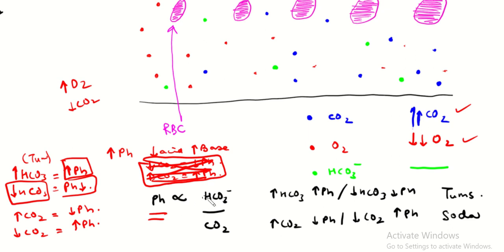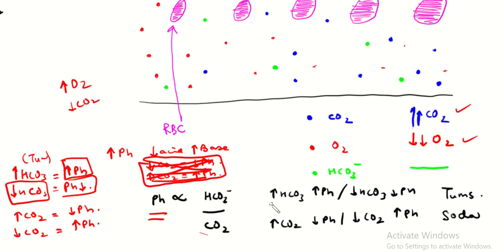Higher bicarb, higher pH. Less HCO3 or less bicarb is less pH. And it's also inversely proportional to the carbon dioxide level. So high CO2 means lower pH or more acidotic. And lower CO2 means more alkalemic or higher pH, right?